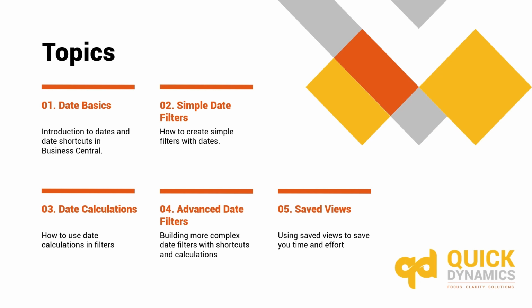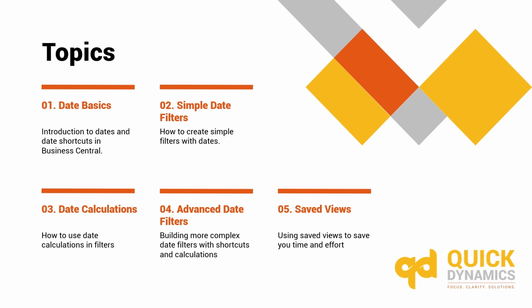For each of these topics, I will go through a couple of slides just to give you a bit of information and background about what I'm going to be covering, and then we'll have a look in Business Central to show you how to put this into practice. So the topics I'm going to cover are date basics. This will be an introduction to dates and get you to understand some of the shortcuts that you can use within Business Central to create dates quickly. Then we'll look at simple date filters. That's taking dates and using them within views to allow you to filter down the data that you're seeing in Business Central.